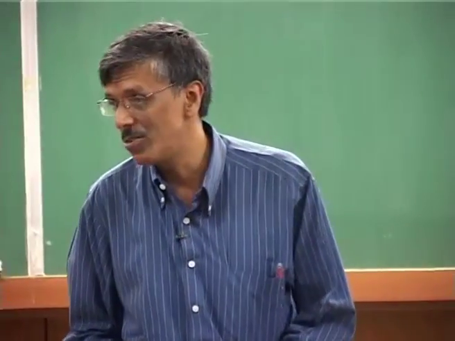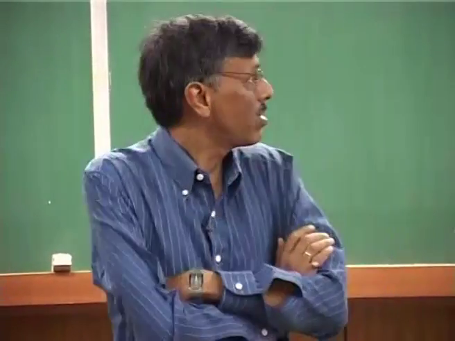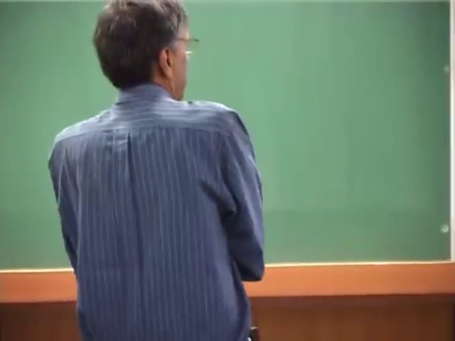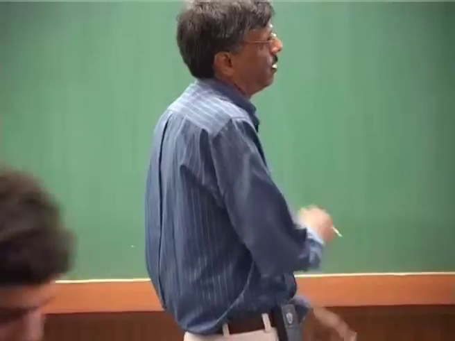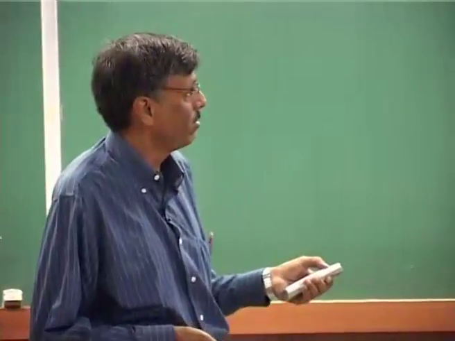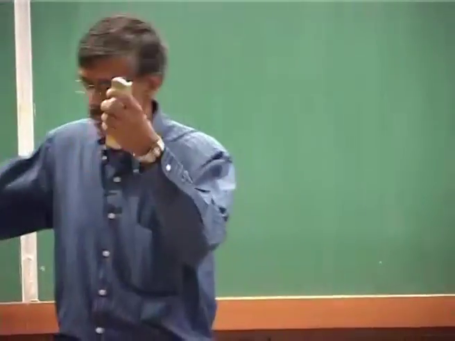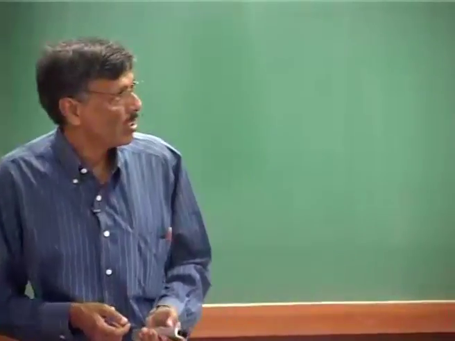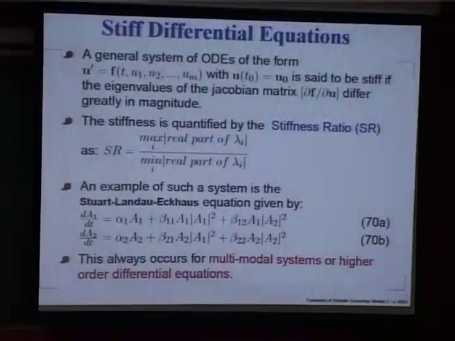We were talking about a special class of ordinary differential equations, which are called stiff differential equations. Stiffness arises because of a feature of the differential equation, which admits fundamental solutions which have disparate length or time scales associated with the variations.